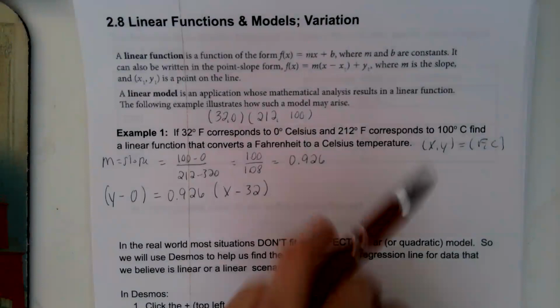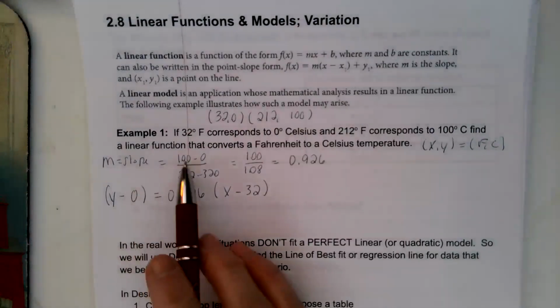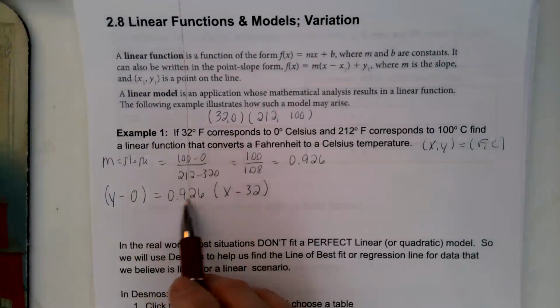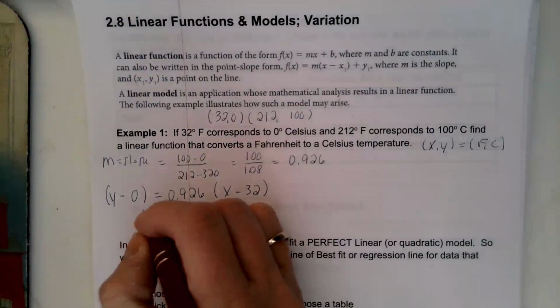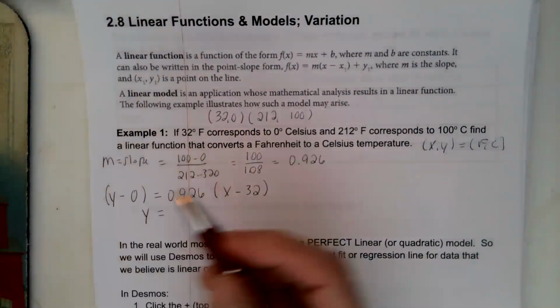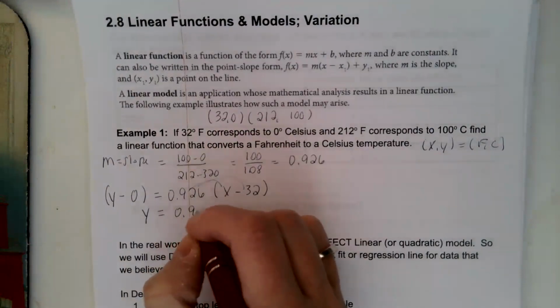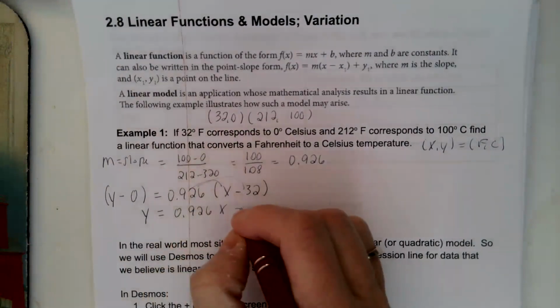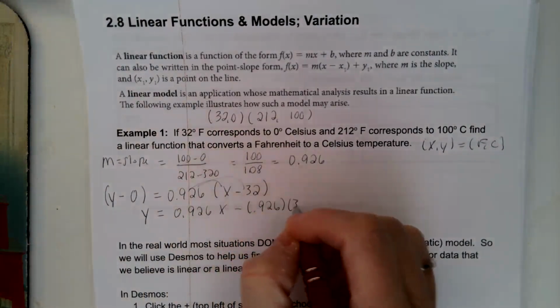Here's my paper. So this is what I have for it so far. y minus 0, which is my y1, equals my slope times x minus x1, which is 32. So y equals, because y minus 0 is y, and then I'm going to distribute here. So this is going to be the slope times x minus the slope times 32.